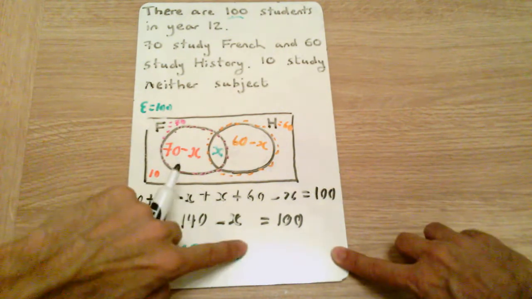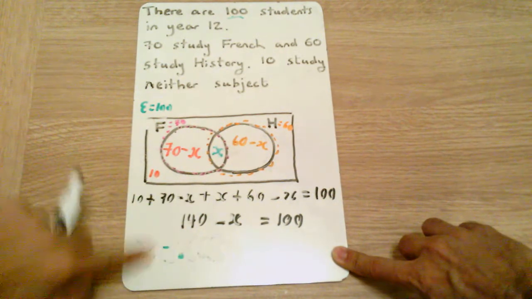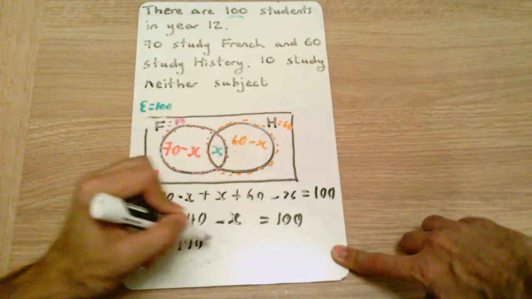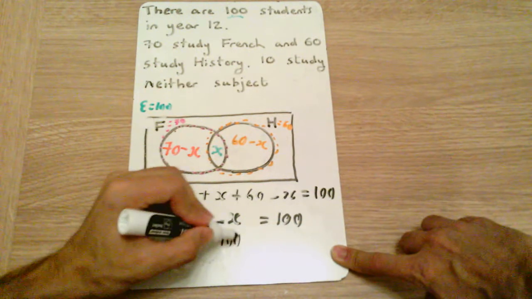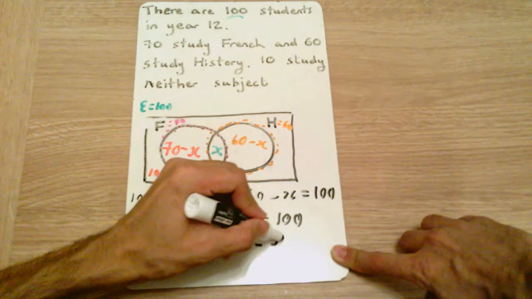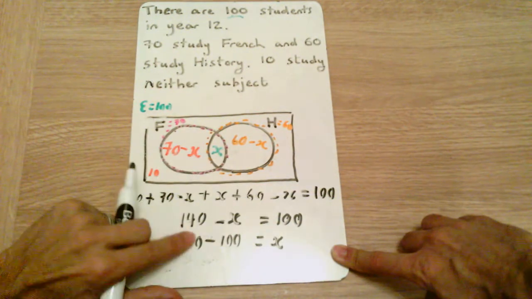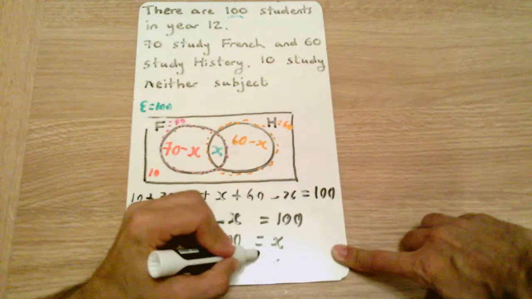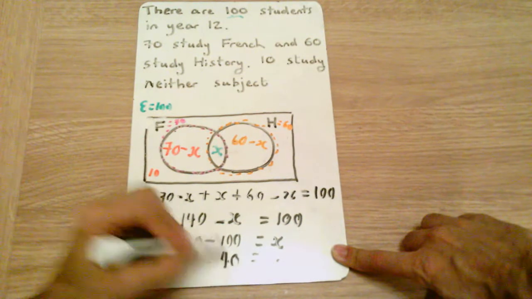And well, the answer to that is 40. And we can see that if we rearrange this, technically, this is 140 minus 100 is equal to X. And so from that, X is equal to 40.